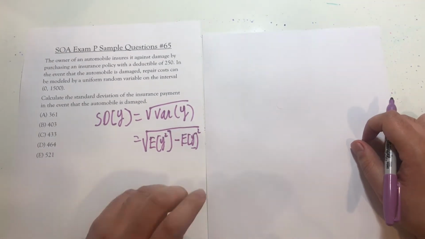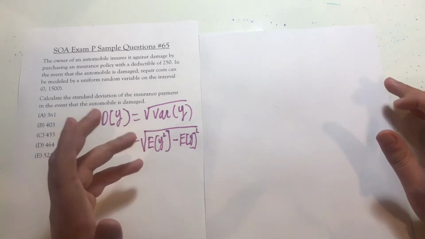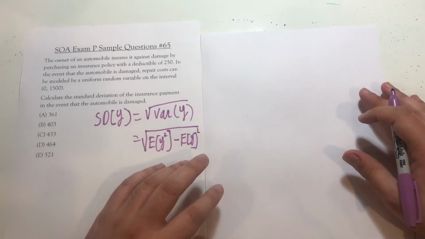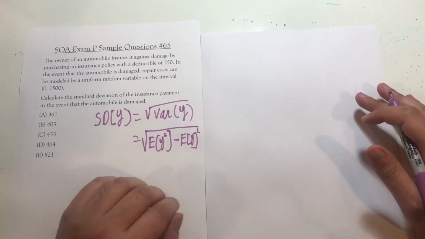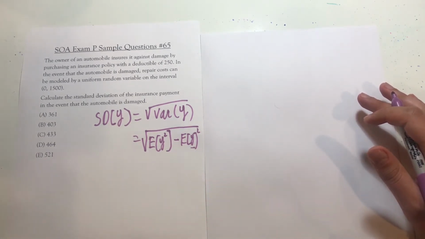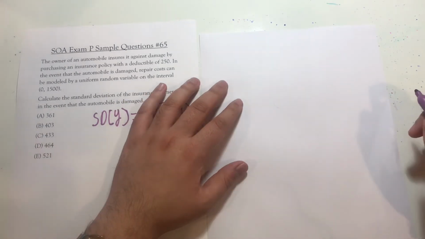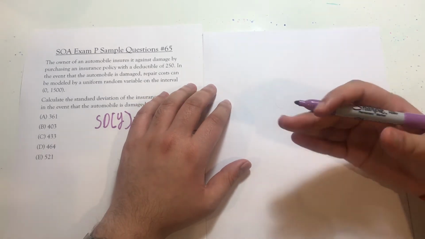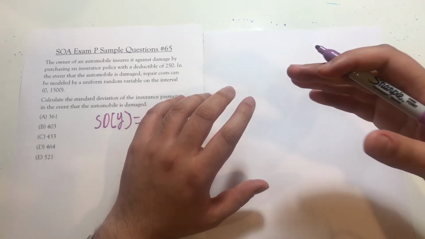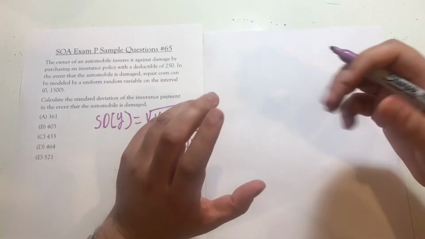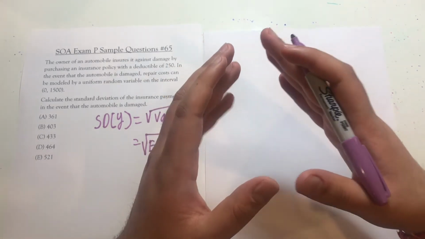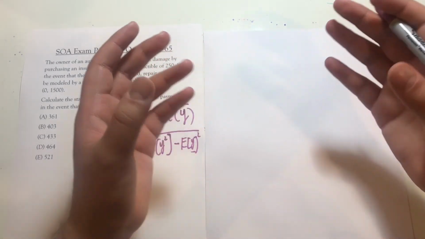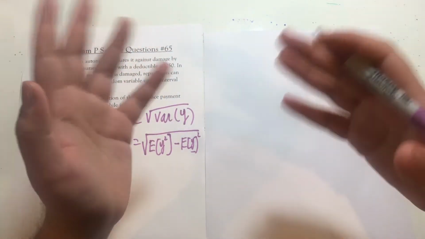Now, we're given information about x, right? The loss, it's uniformly distributed, and we're just told that the payment, y, has a deductible of $250. So let's go about building what y should look like. When you have a deductible, if your loss is below that deductible, your payment made by the insurer is 0. And if your loss exceeds the deductible, the cost is the loss value minus the deductible.